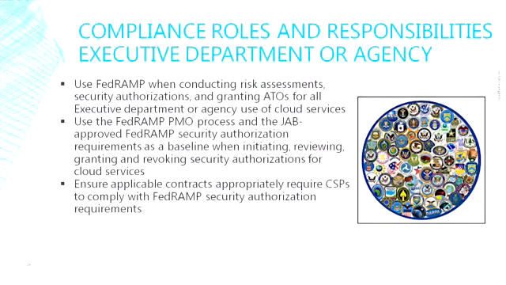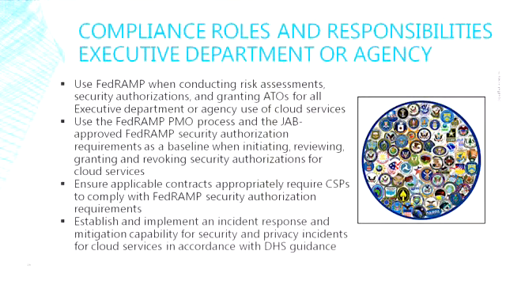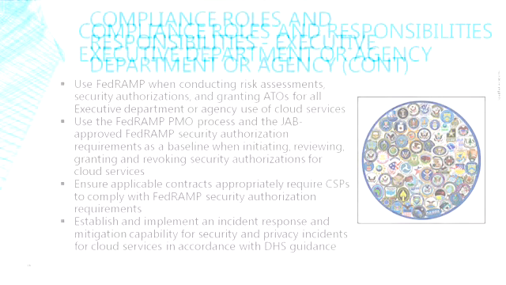They need to ensure that applicable contracts appropriately require the cloud service providers to comply with FedRAMP security authorization requirements, and they must establish and implement an incident response and mitigation capability for security and privacy incidents for cloud services in accordance with DHS guidance.